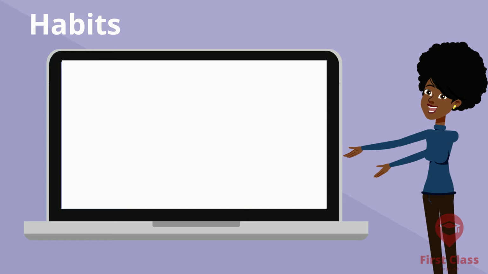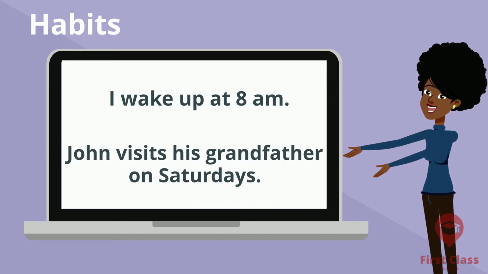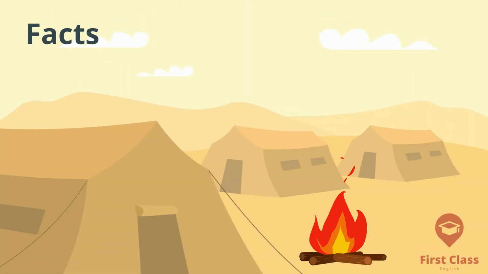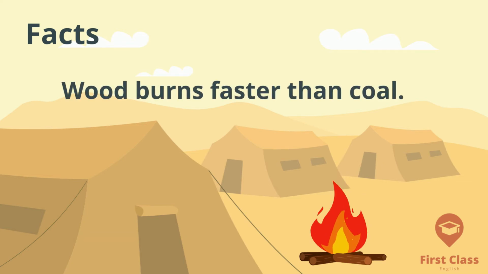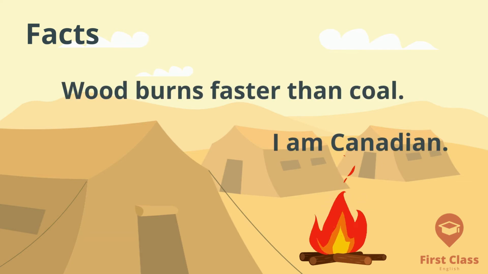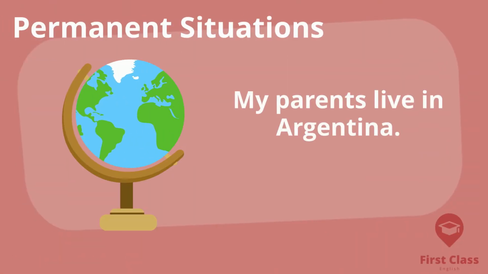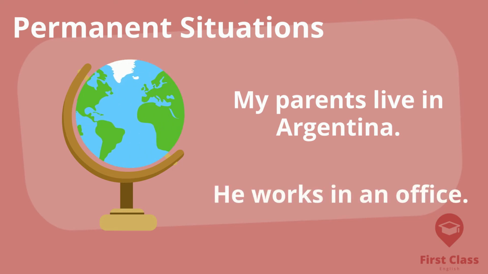For example, I wake up at 8 a.m. John visits his grandfather on Saturdays. Or facts, like wood burns faster than coal, or I am Canadian. Or permanent situations, like my parents live in Argentina. He works in an office.